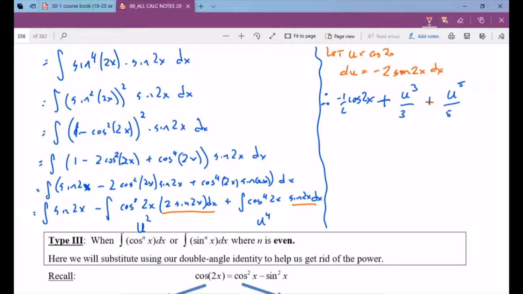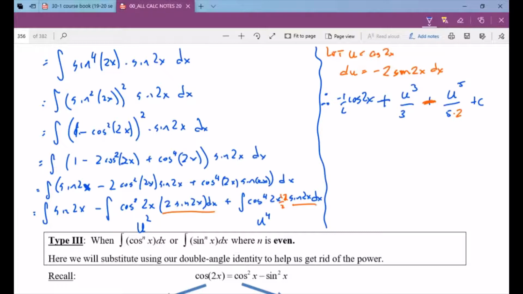So again, we're going to change this to subtract to account for that negative. But how do we account for the fact that there's no 2 in front of that? Well, we could call this 2 times this, and then also multiply it by 1/2. And so really this ends up being u to the 5 over 5, but also dividing by 2.